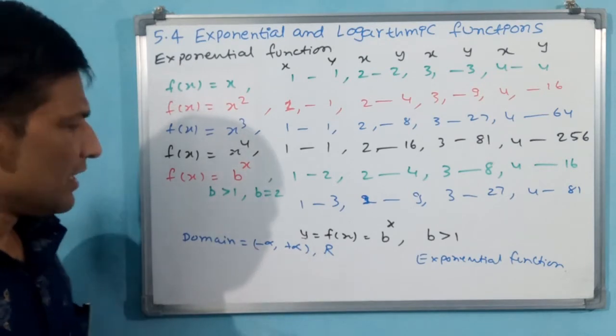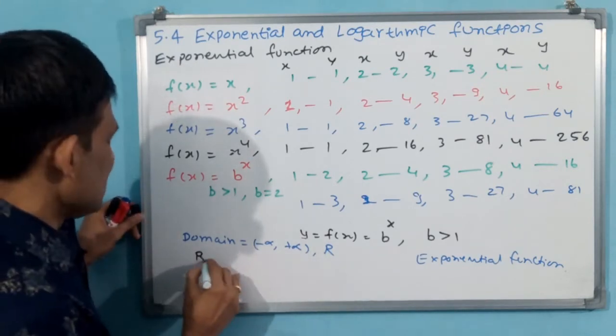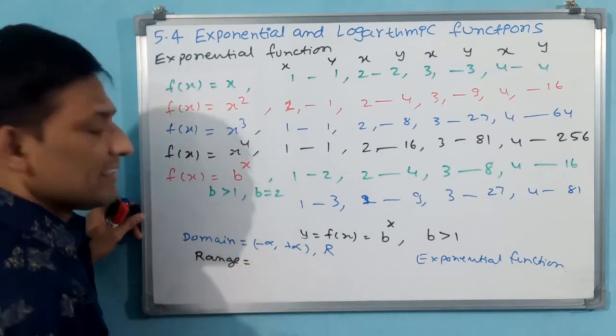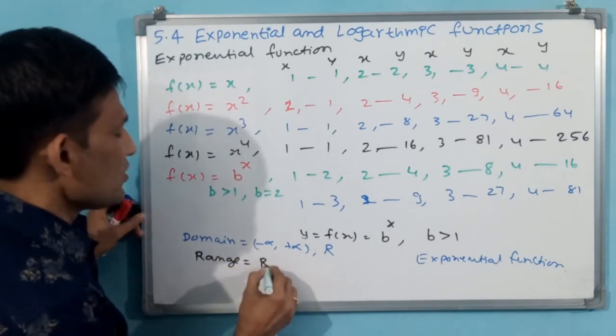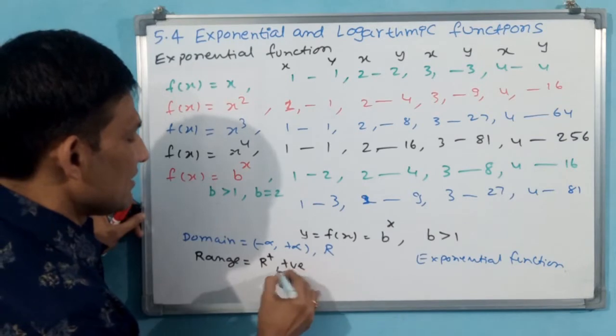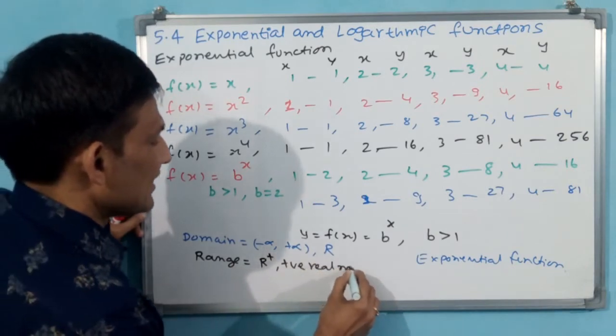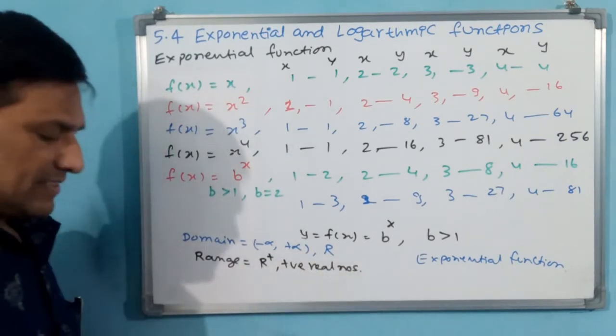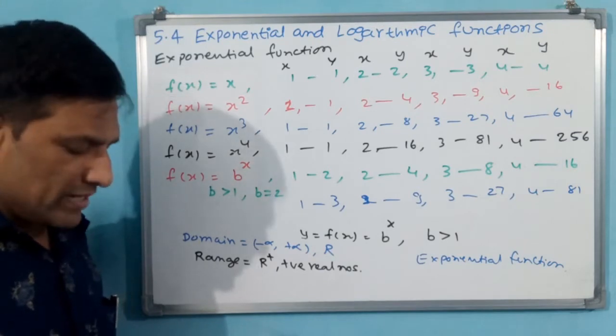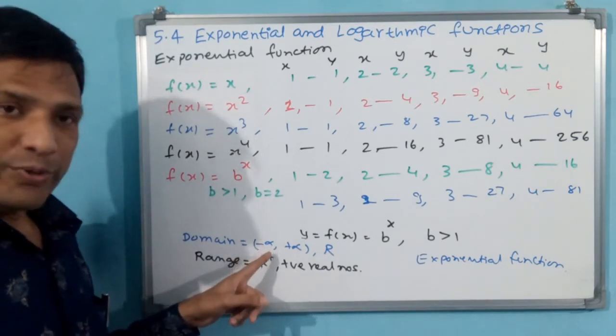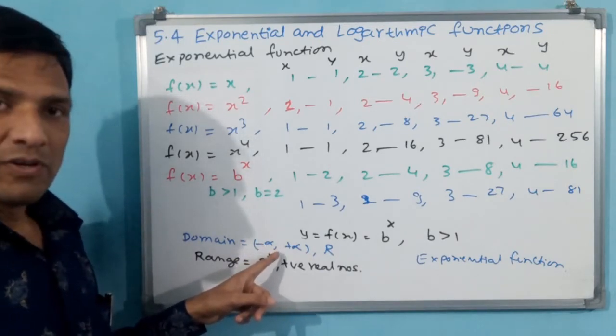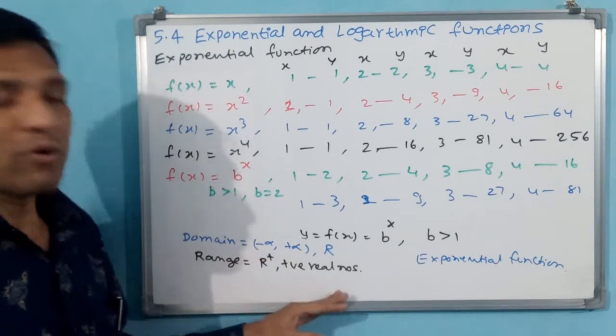Okay. But what will be the range? The range will be positive real numbers. That means even if you give negative real numbers, only positive real numbers are going to come.